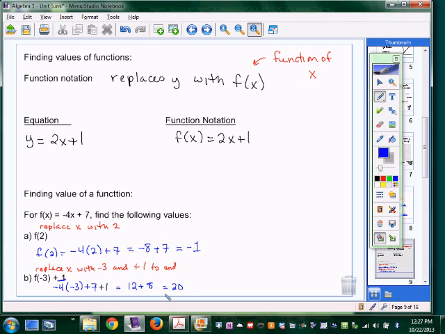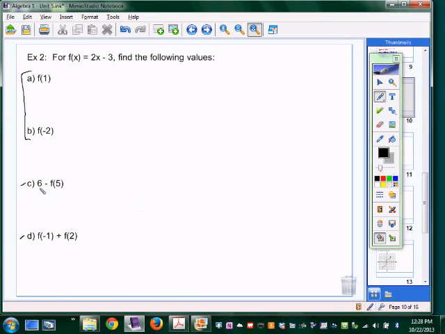Okay. So 6 minus f of 5. What I'm going to do is put the 6 on the front and subtract 2x minus 3, but I'm putting in the 5 where the x is. Does that make sense so far? So that's going to be 6 minus 10 minus 3, which is going to be 6 minus 7, which is negative 1.